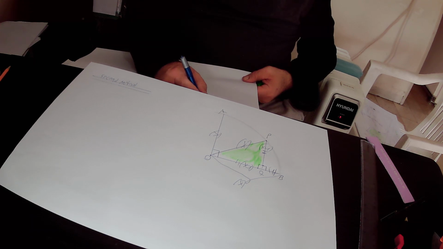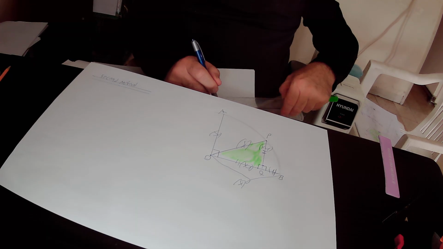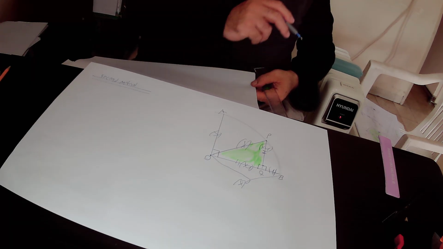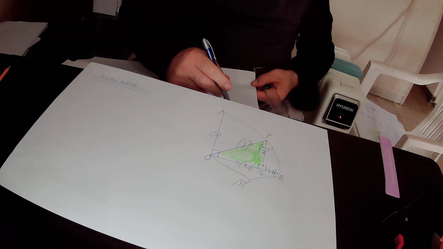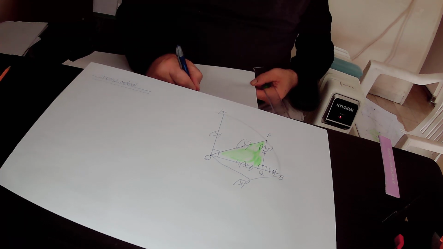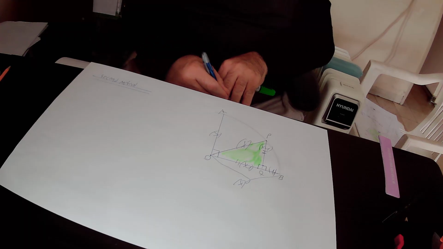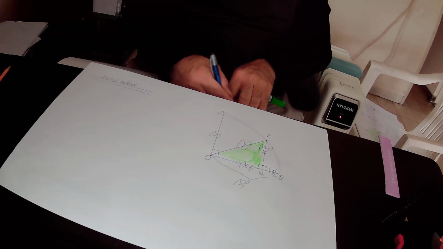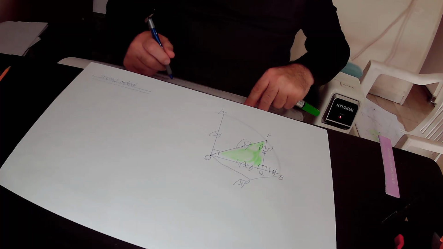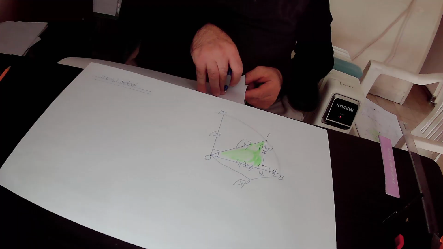Here is the expression for the Pythagoras theorem. OP is the hypotenuse, so according to the Pythagoras theorem, OP squared, that is the square of the hypotenuse, equals PQ squared plus OQ squared.